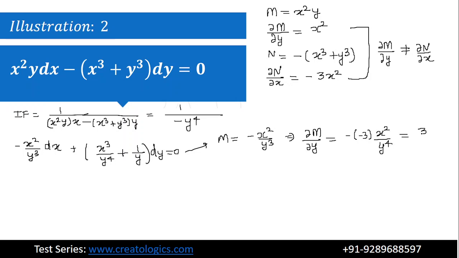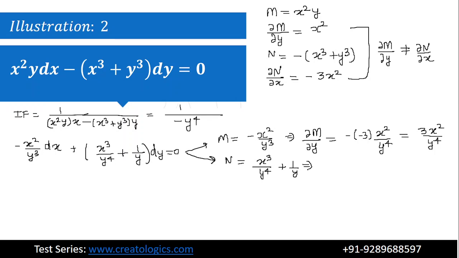It means 3x square upon y raised to the power 4. And what is the value of N, which is present in the coefficient of dy here? It is x cube over y raised to the power 4 plus 1 by y.